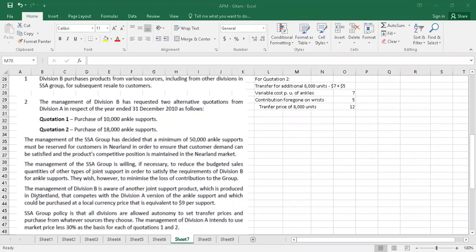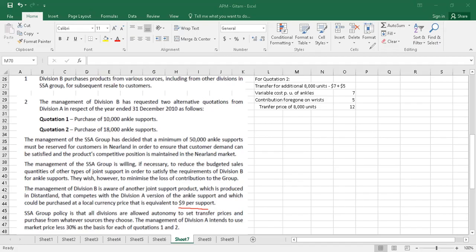The third paragraph says the management of division B is aware of another joint support product in the local market which can be purchased at a local currency price of $9 per support. Division B has an alternative source wherein they can buy a similar type of product at a price of $9.